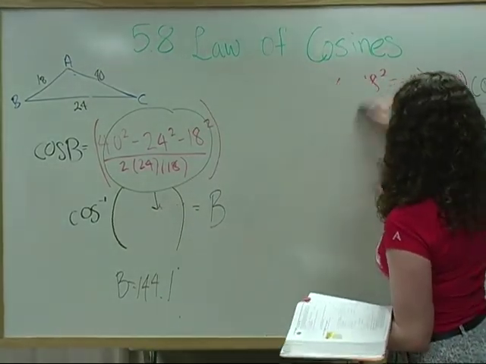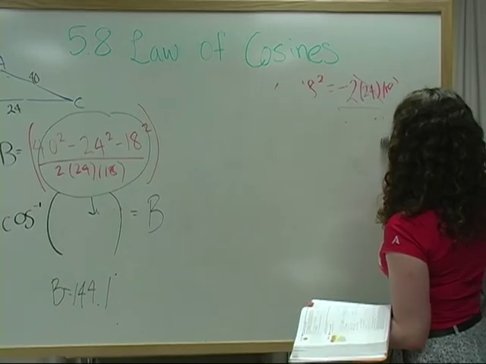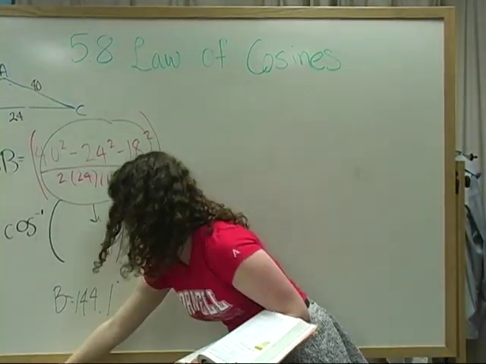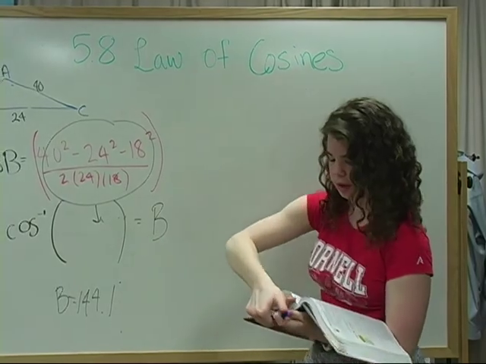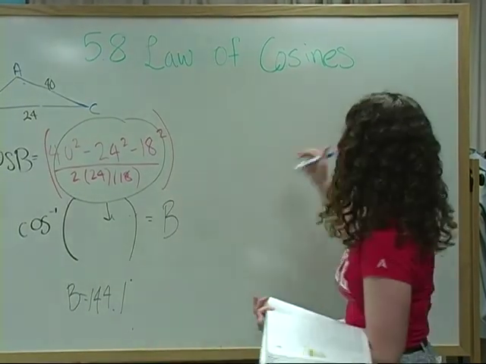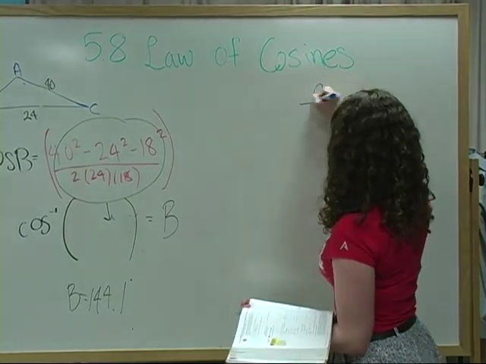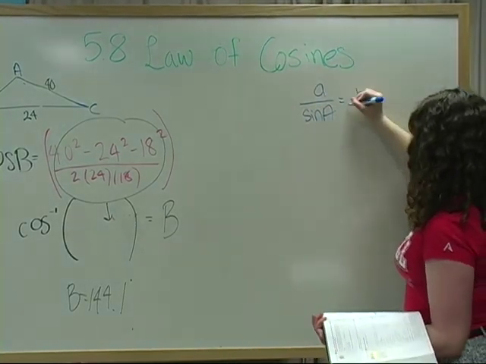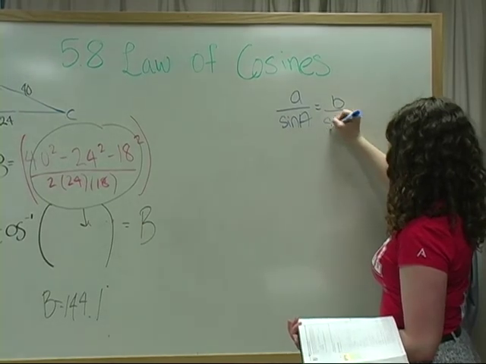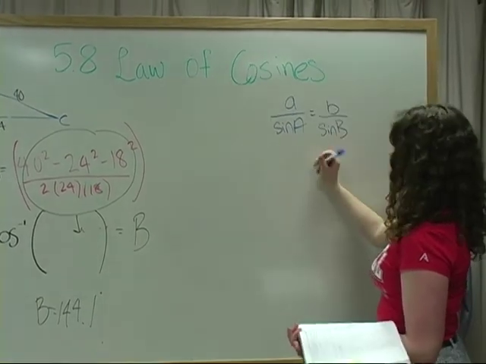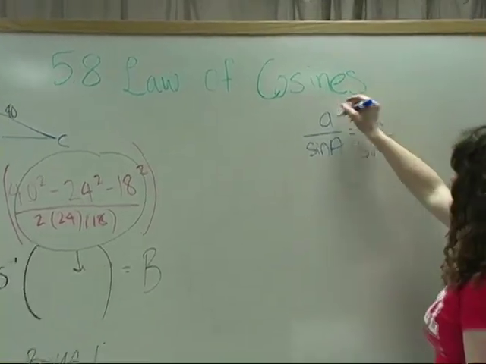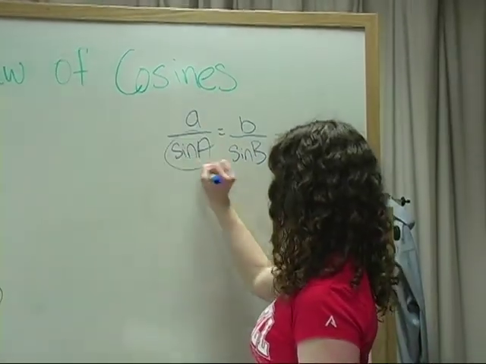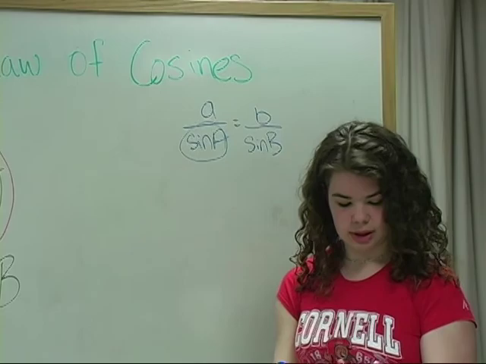So if we remember, the law of sines in our given formula is sine A over a equals sine B over b. We have a, b, and sine B, but we do not have sine of A, which is what we're going to be looking for.